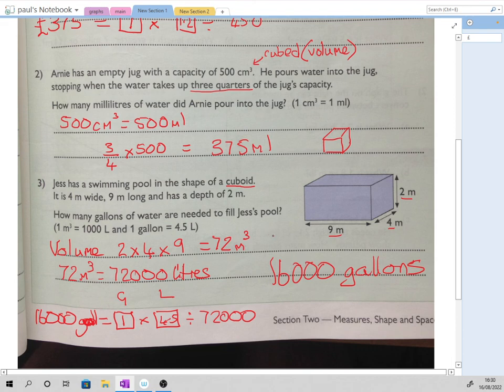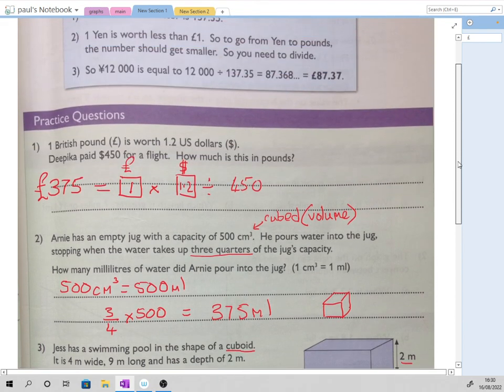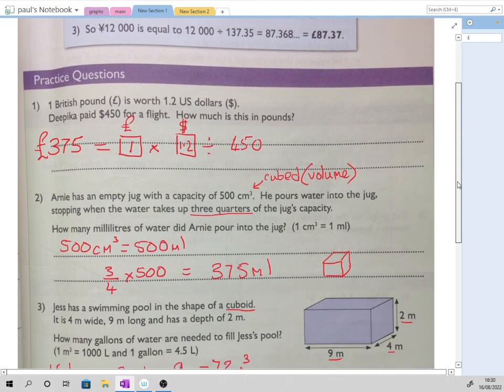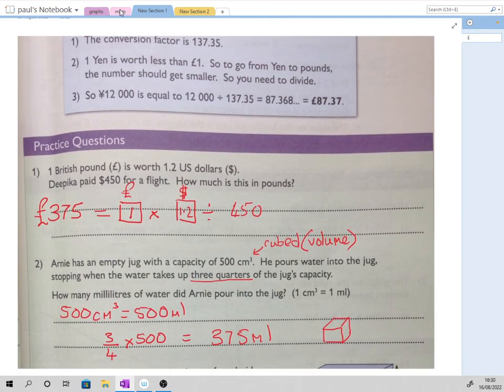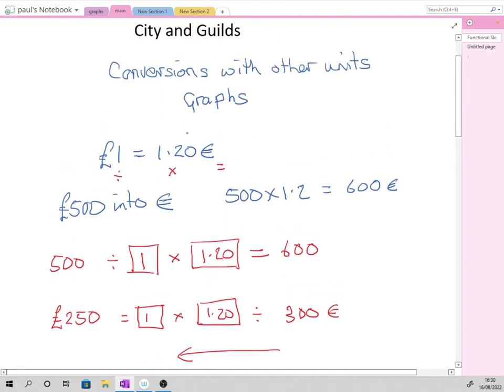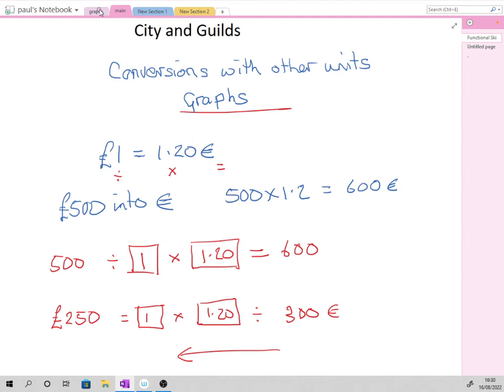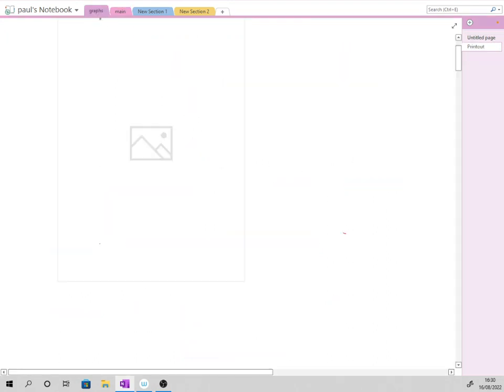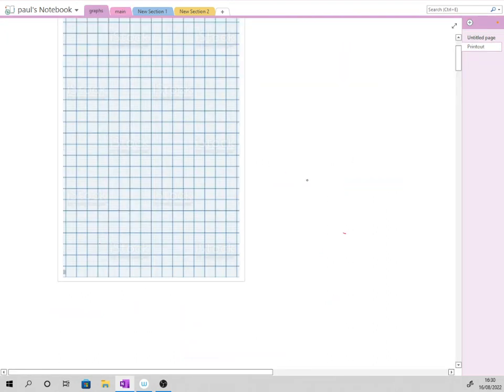Oh, right. Okay. Now, conversions between money and things can also be done, as we said, in a graphical way, using graphs. So, how do we do this? So, let's have a look at a graph. I've got a picture of a graph. There it is. Well, graph paper anyway.